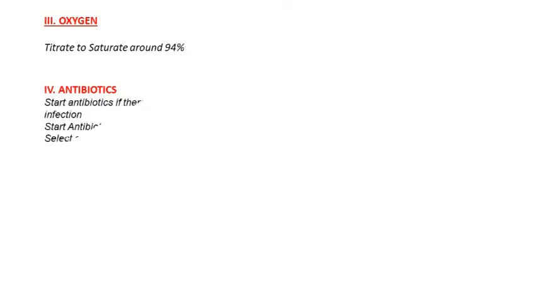So for people whose oxygen saturation drops below 93%, or in other schools below 91%, and people who are below 90, for sure they should have oxygen. Usually we start the oxygen at a low flow, giving about 2 liters, and see what the effect is, trying to keep the saturation around 94%. And gradually we increase the oxygen.